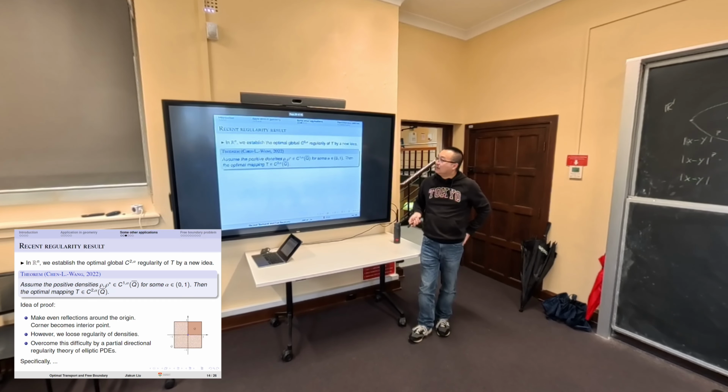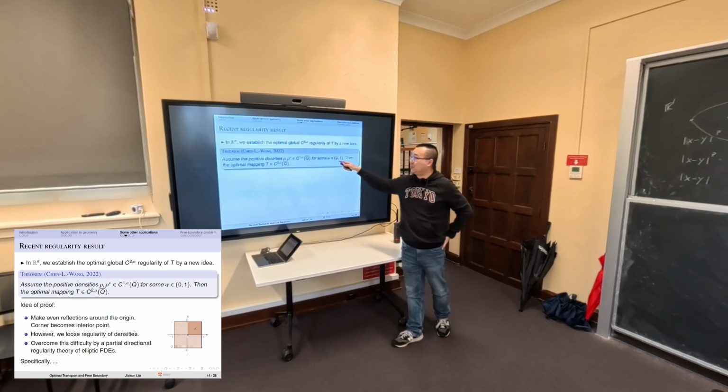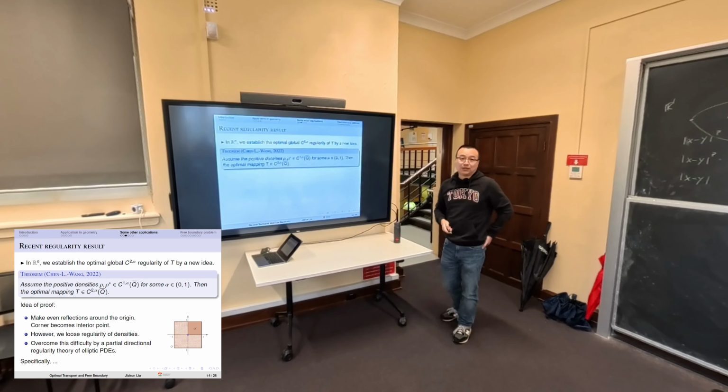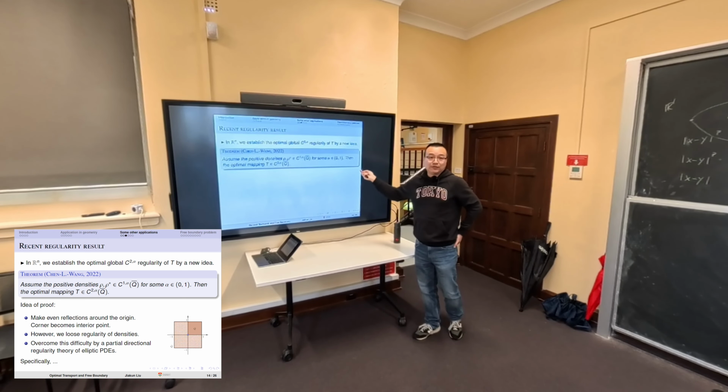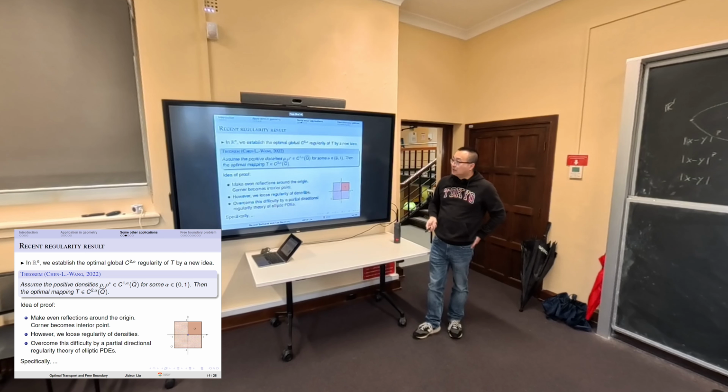Now the question is about higher dimension. In our joint work, we prove such a global regularity for higher dimension. As far as the right-hand side is C1 alpha, we can prove the optimal mapping T will be C2 alpha. And as I mentioned, this is the best result we can expect. Our method is a little bit different. It's very naive.